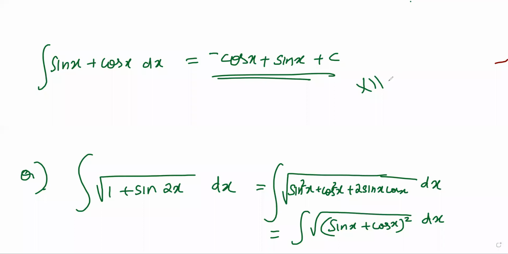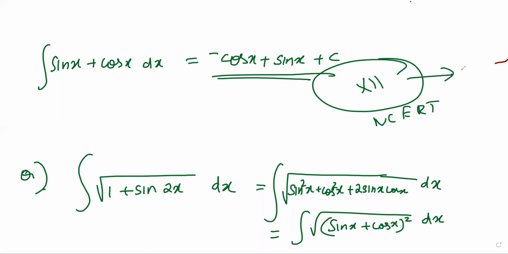Okay. So in the NCERT textbook part 2, class 12, you have the integration chapter. So exercise 7.1, try to solve it. Okay. I need you to practice more.